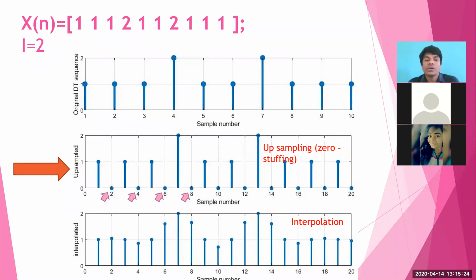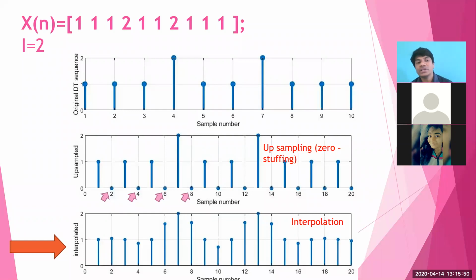The interpolation process does not just stop here. We have to convert these zeros into real samples. That is coming next. This red arrow is pointing out that the zeros are in fact being converted into some real samples.